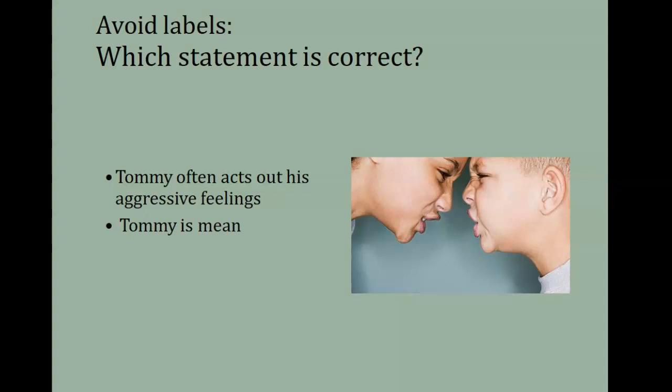Avoid labels. So which of these statements is correct? Tommy often acts out his aggressive feelings. Tommy is mean. Now, one of these is subjective. Which one do you think is subjective? Now, again, look at the title of the slide, avoid labels. Calling a child mean is labeling them. Tommy often acts out his aggressive feelings.